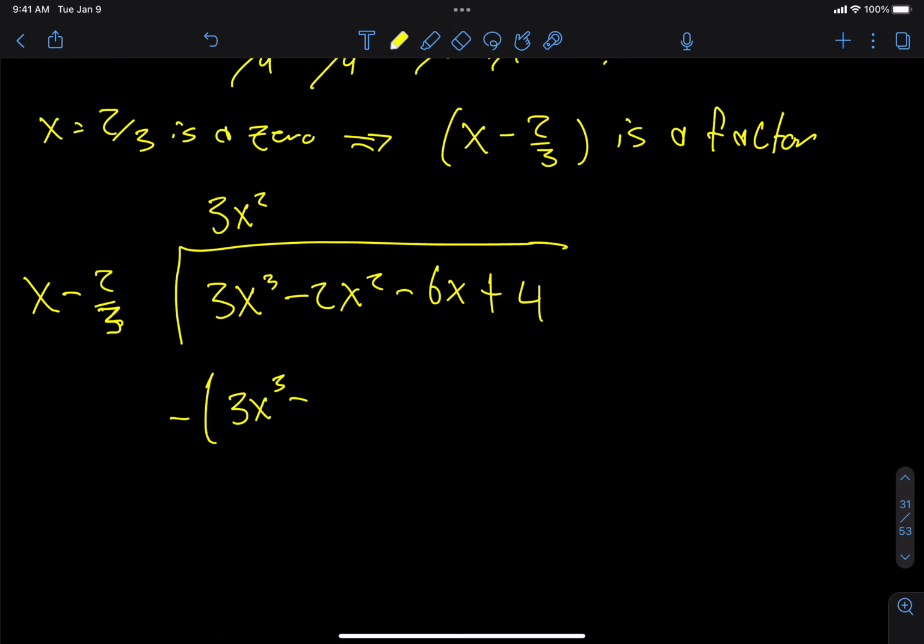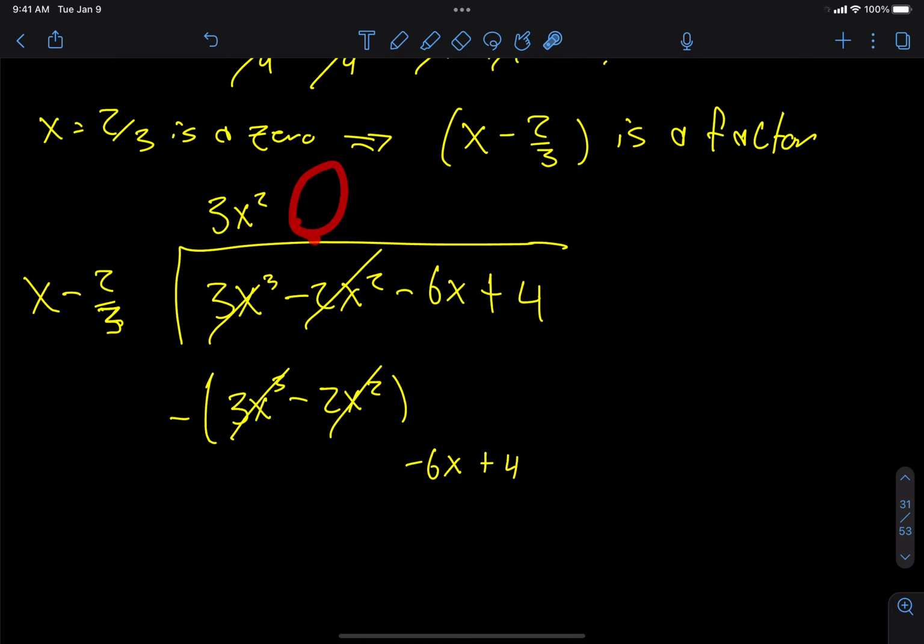Let's see, multiply 3x squared times 2/3, we get 2x squared, right? Okay, so we get lucky. Cancel, cancel, cancel, cancel. We've got negative 6x plus 4. So what else is going to go in? What comes next?